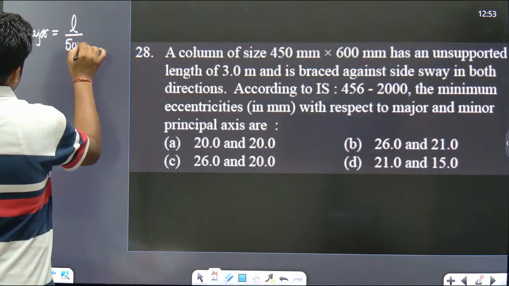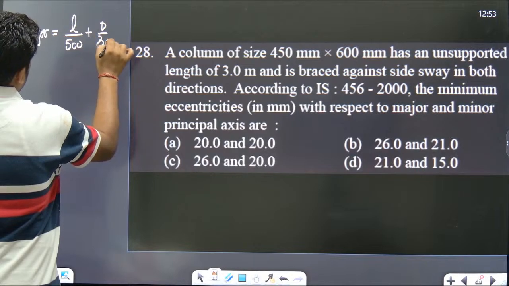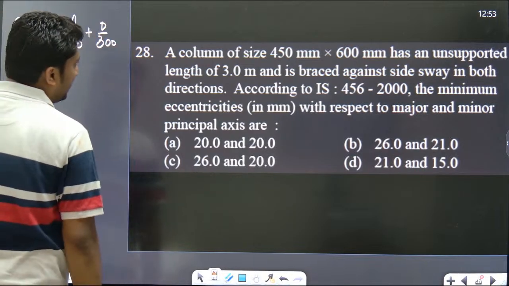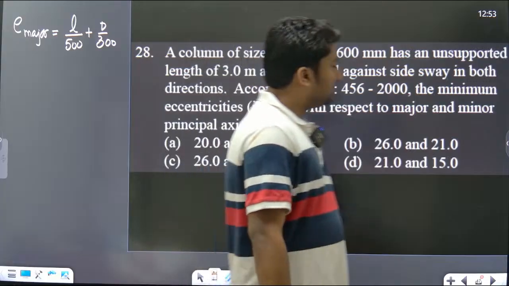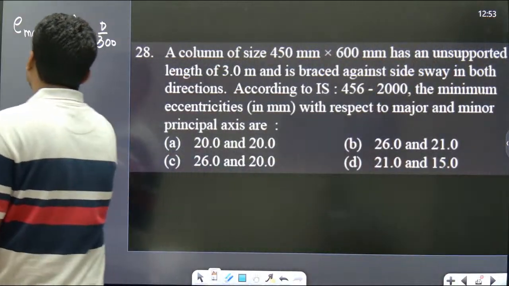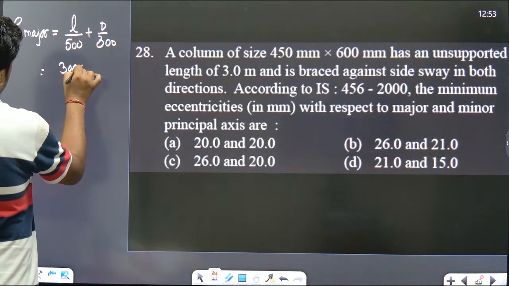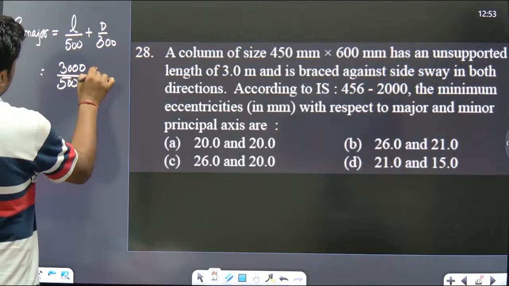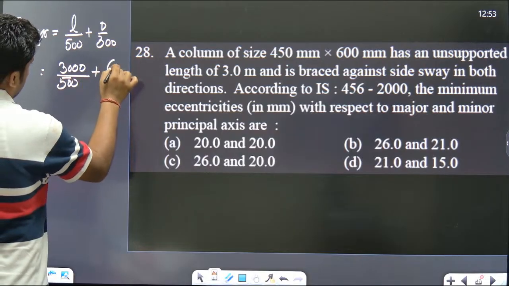So what is the unsupported length? This is 3 meter. Here D is the bigger value, which is 600. So eccentricity about the major axis is, length is 3000 mm, 3000 divided by 500 plus D, that is 600 divided by 30.